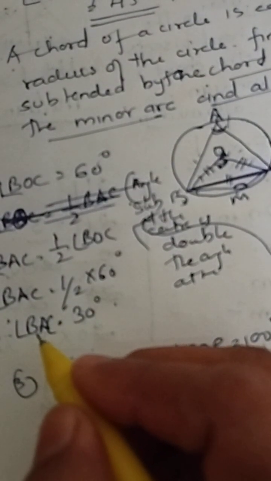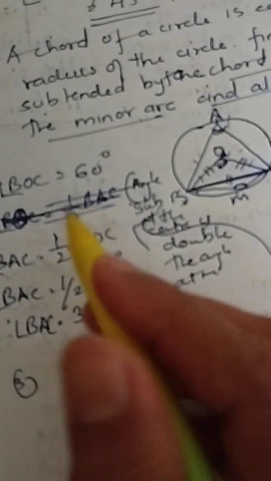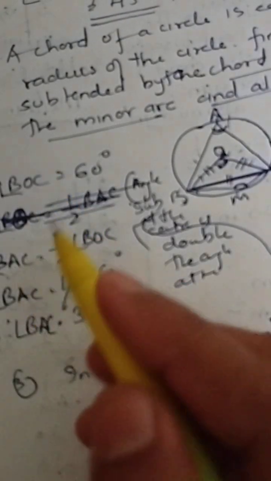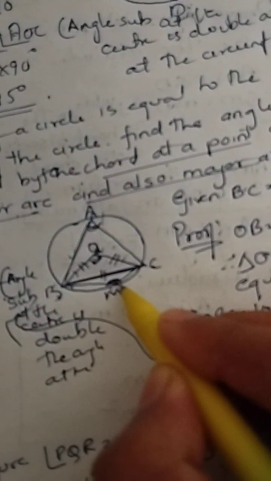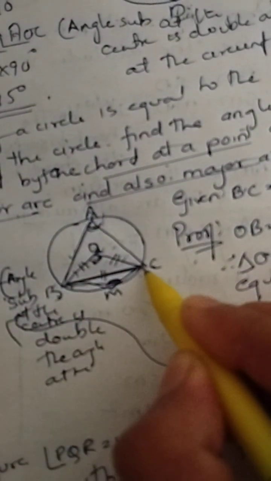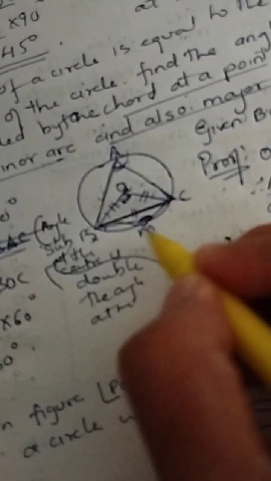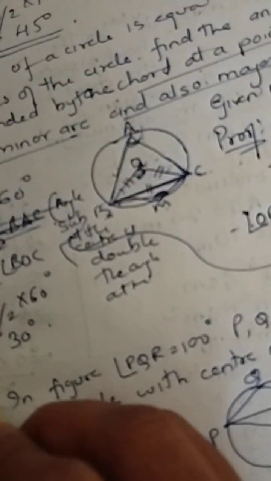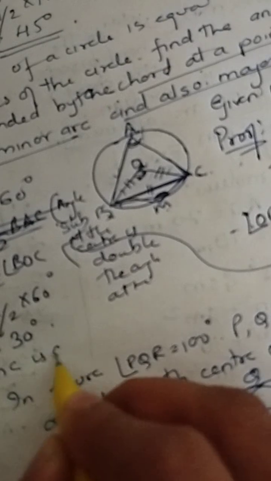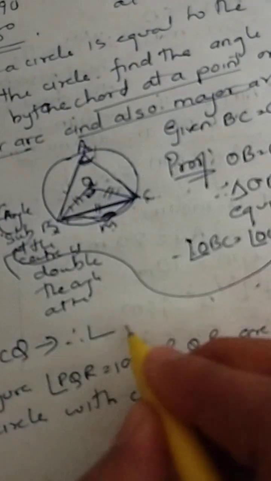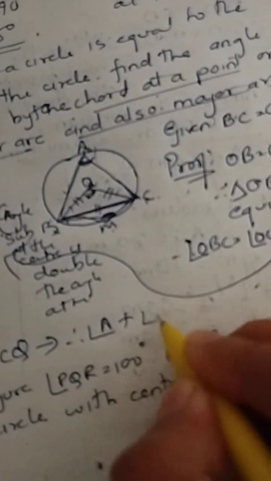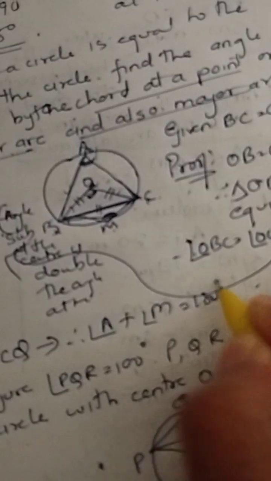Now, when BAC is equal to 30 degrees, we have to find the minor arc also. Now, this is a cyclic quadrilateral, correct? ABMC is a cyclic quadrilateral. Therefore, angle A plus angle M is equal to 180. Why?